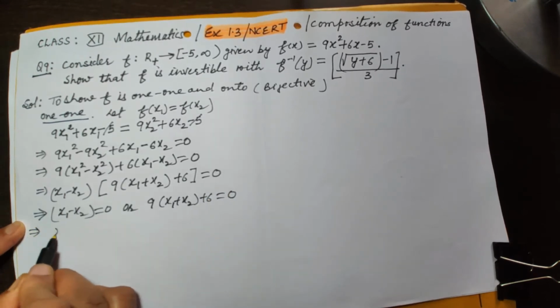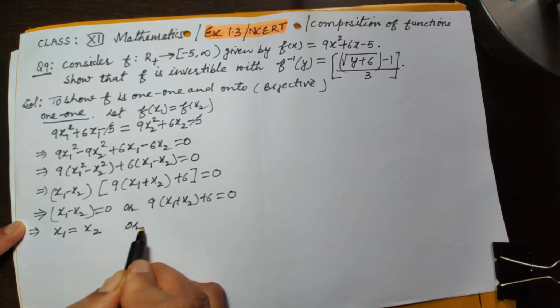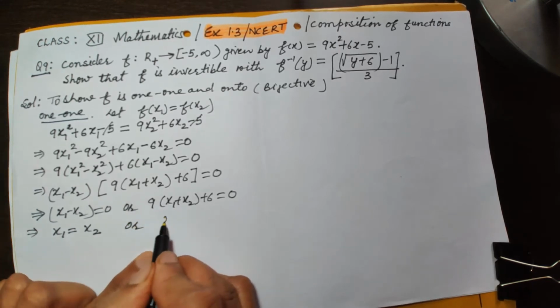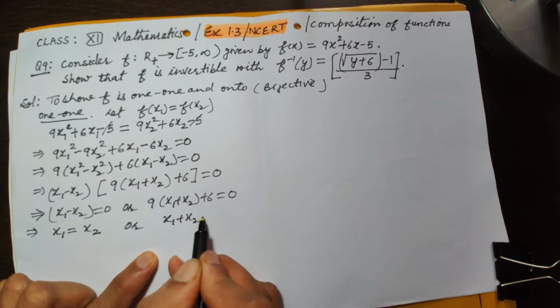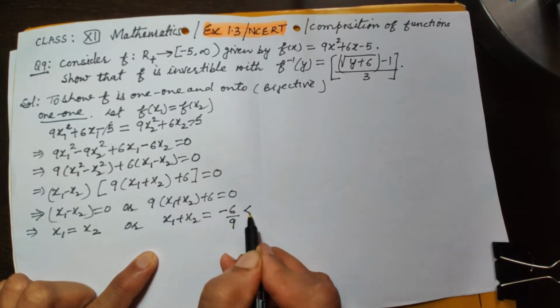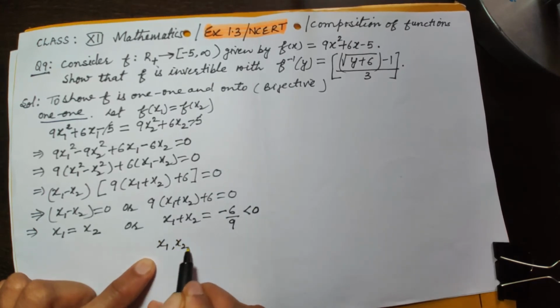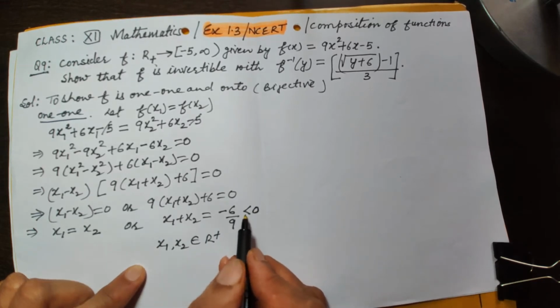First bracket implies x1 equals x2, or I can have this also, that x1 plus x2 equals minus 6 upon 9, which is a negative quantity. Both x1 and x2 belong to R plus, so their sum cannot be negative.